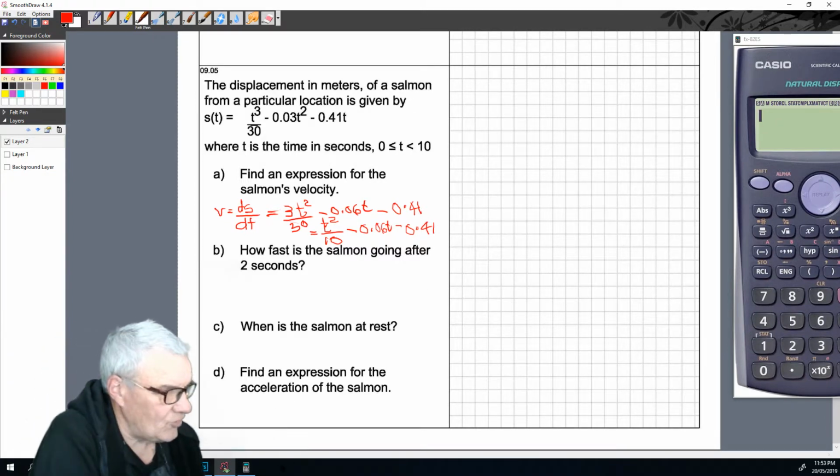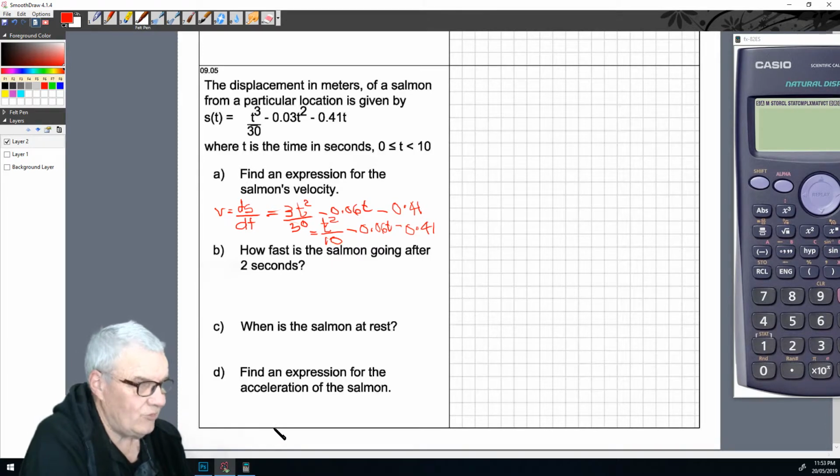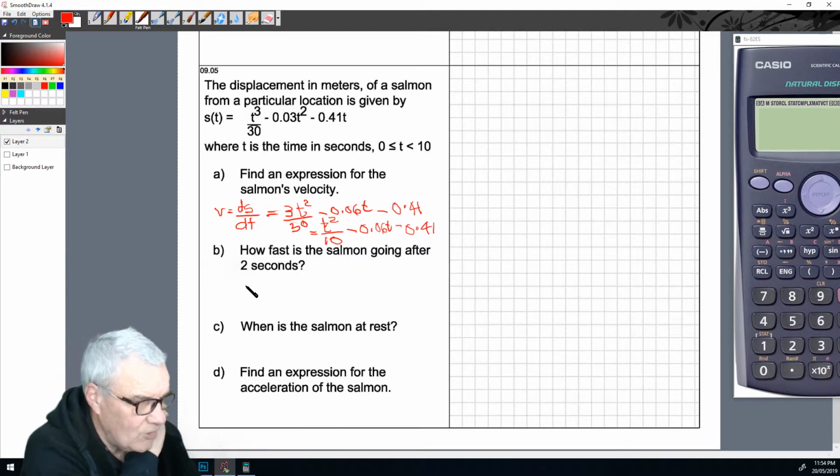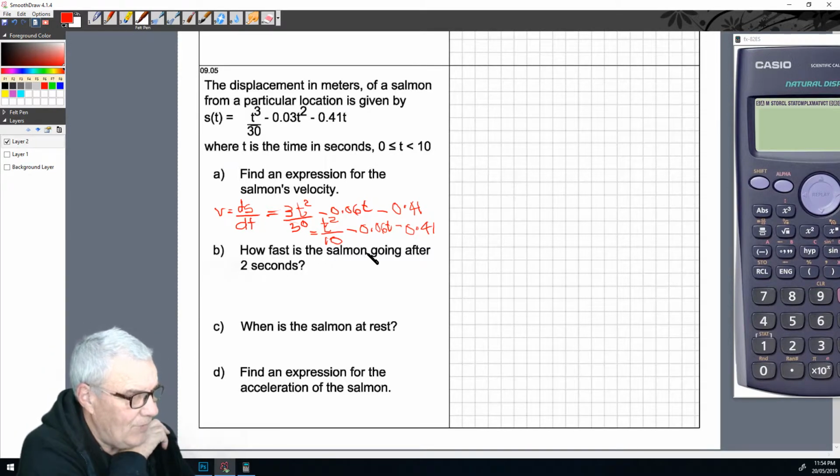How fast is the salmon going after 2 seconds? We could write t squared over 10 as 0.1 t squared.